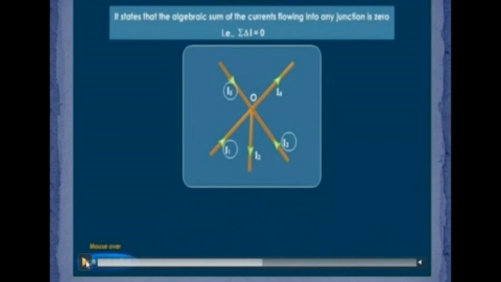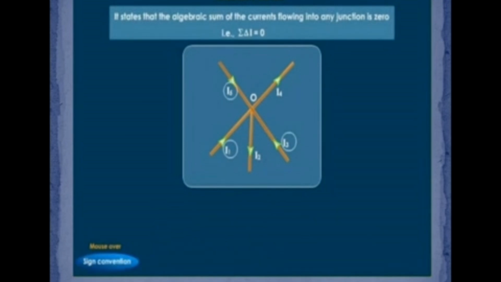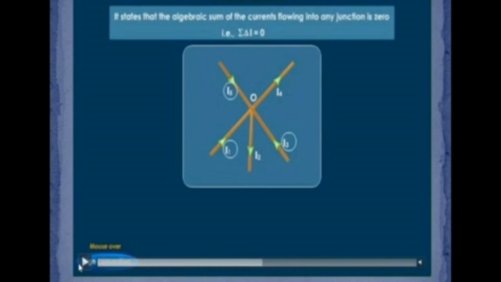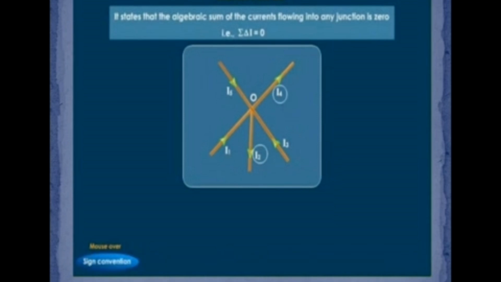It's very important. The currents flowing from point O outward, I2 and I4, are taken as negative, but the remaining currents flowing towards the junction are taken as positive. Towards the junction is positive; the flow away outside is negative.